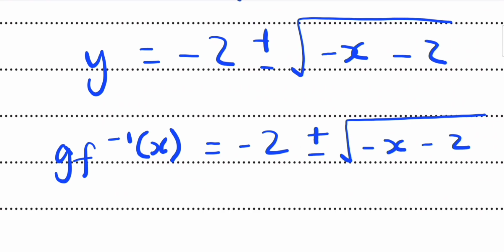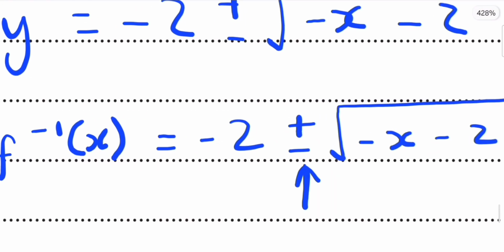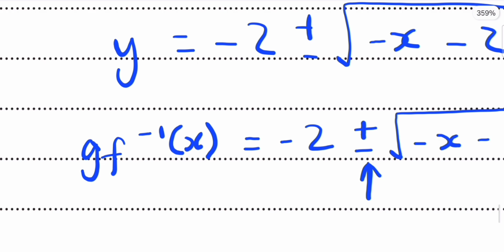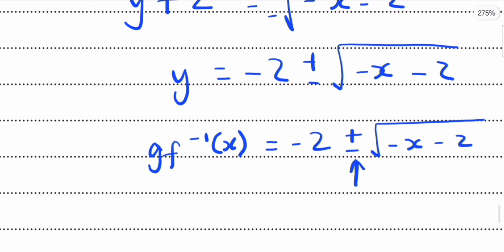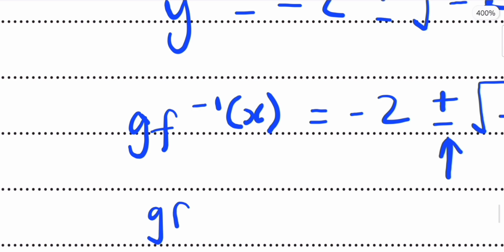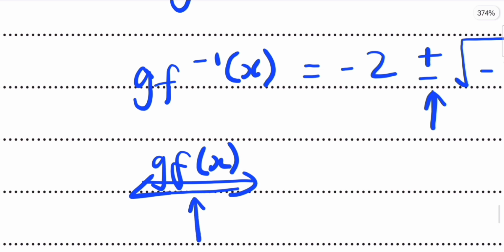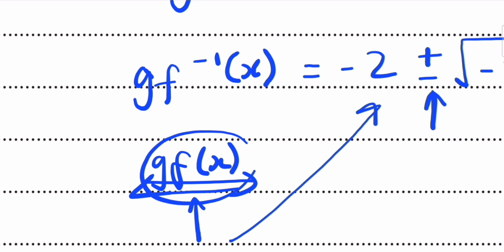And so for us to be able to pick a sign between these two, we consider the domain of the inner function. We're working with gf of x, right? So the domain of this inner function will be the range of the inverse of this whole thing, right?